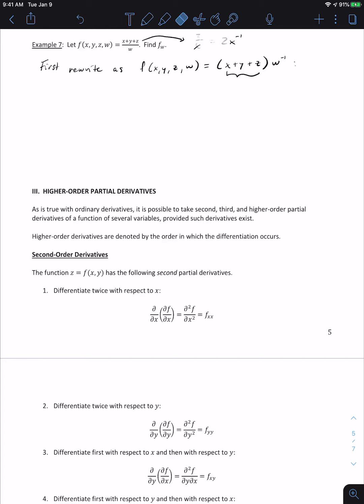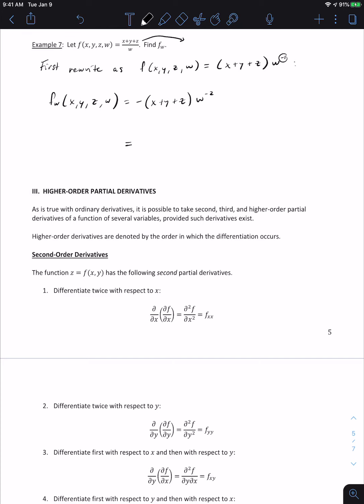So in this case, when I go to take the partial derivative with respect to w, so f sub w of x, y, z, w, I get the negative because of the negative 1 that I pull out to the front, right? And then I leave the constant x plus y plus z alone, and then I get w to the negative 2. Right?